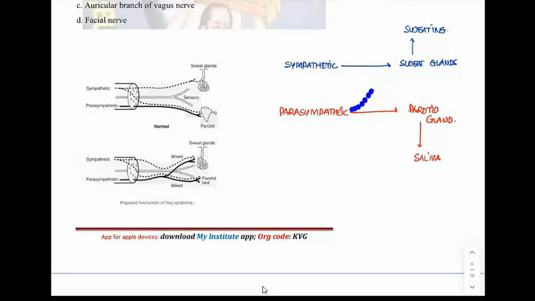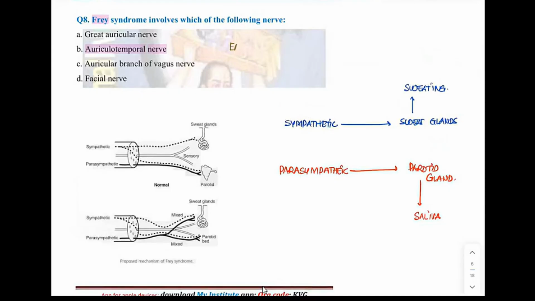So the moment the patient is eating something, parasympathetic, their function is to stimulate secretion. So rather than going to the parotid, now they are going to the sweat glands, and they will promote sweating. So what is happening? The moment the patient is eating something, or the patient is chewing something, rather than salivary secretion, there is sweating.